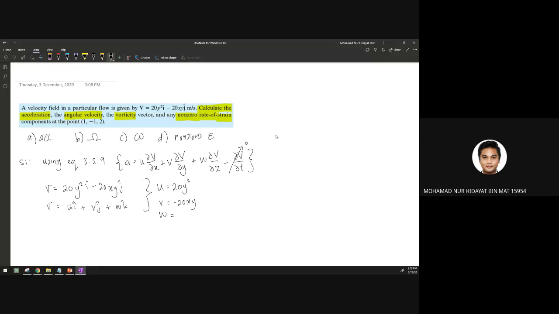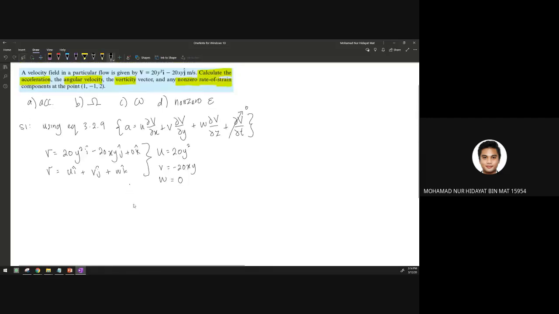There is a w component, but the w is 0. So from these values, you have to input all of them into this equation.